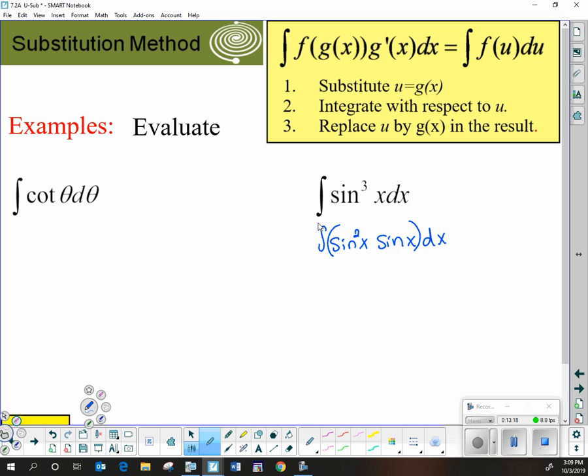And like last time, when I took the derivative of sine theta, its derivative was cosine theta. So I feel like I need a cosine in this problem. And I can generate that by using the Pythagorean identity sine squared x plus cosine squared x equals 1, which results in sine squared x equaling 1 minus cosine squared, just a little subtraction to bring cosine over to the right.